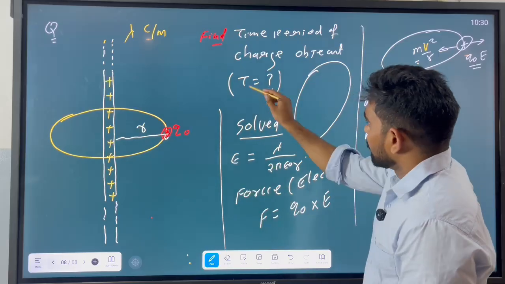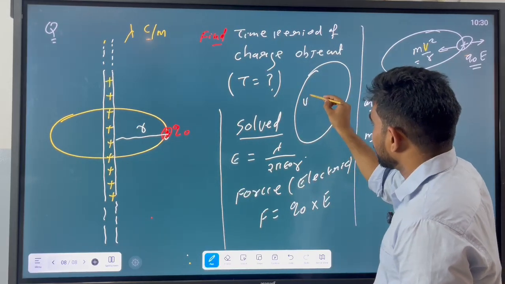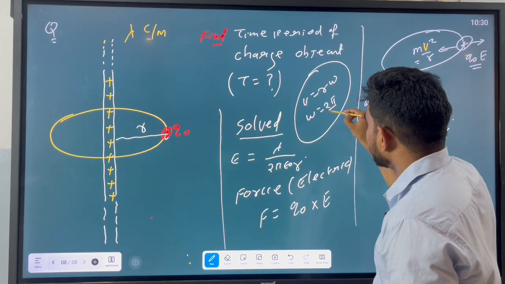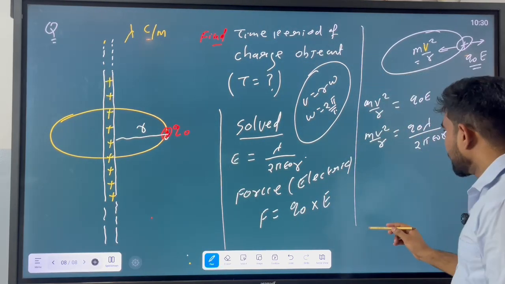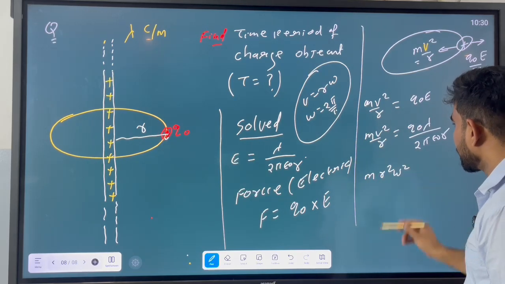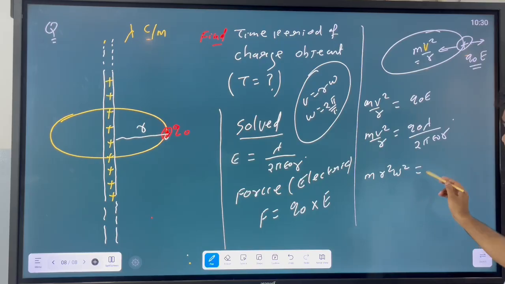For the calculation of the time period, v equal to r omega and omega equal to 2 pi by T. Putting this in, m r square omega square, because v equal to r omega, and this r cancels out, equals lambda times q naught divided by 2 pi epsilon naught.